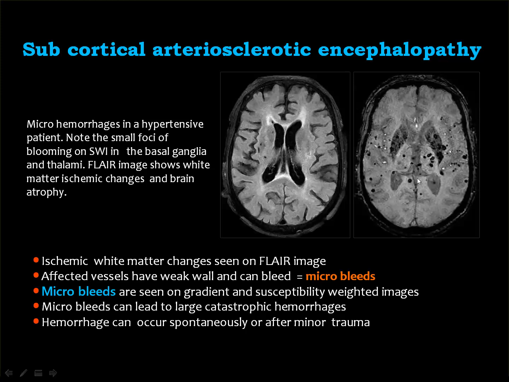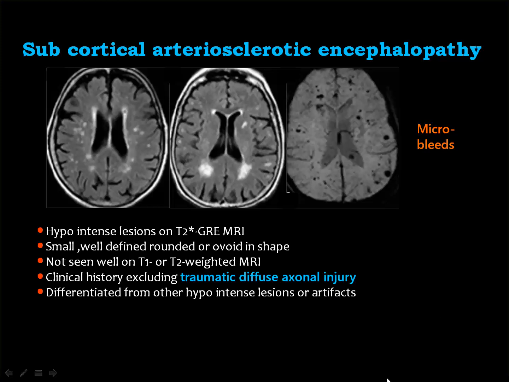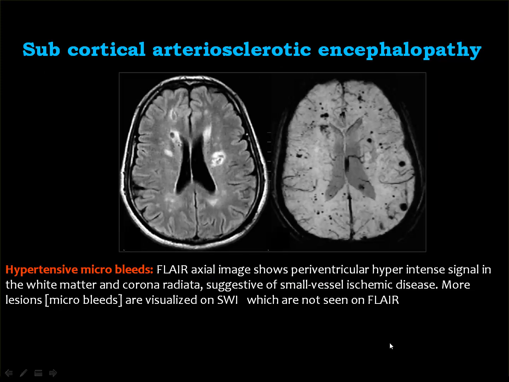And this cannot be evaluated unless you have the gradient or the susceptibility weighted image. And you see here, these are two FLAIR images, and you got many ischemic lesions in the white matter. But it's only the susceptibility weighted image or the gradient weighted image which can clearly demonstrate the presence of microbleeds.